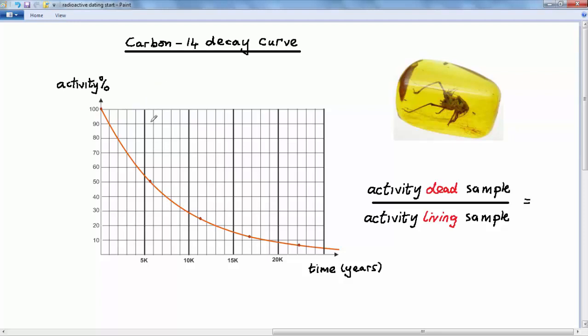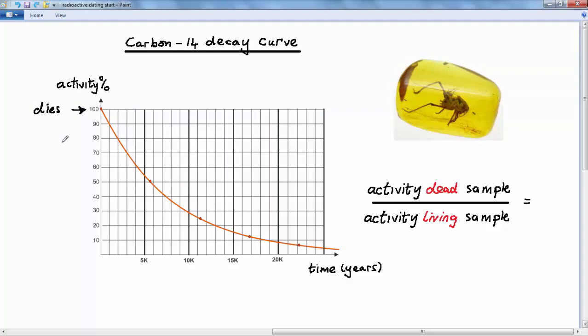So this shows the decay curve for carbon-14, and this graph indicates how the activity of an organism due to the presence of carbon-14 falls from the moment that the organism dies. So we'll assume that at this point here the organism dies, okay, and that its activity at that moment was 100%.